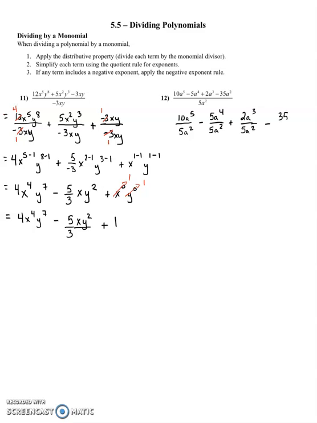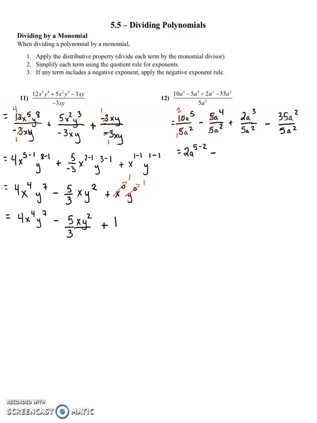minus 35a squared over 5a squared. So 5 goes into 10 twice, and it goes into itself once. So we have 2a to the 5 minus 2, minus.